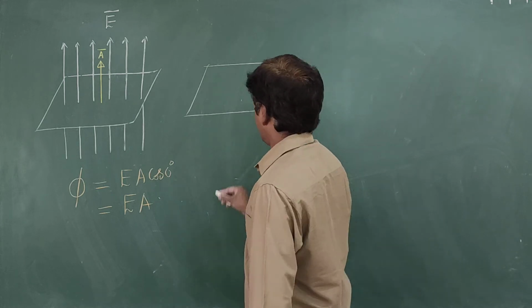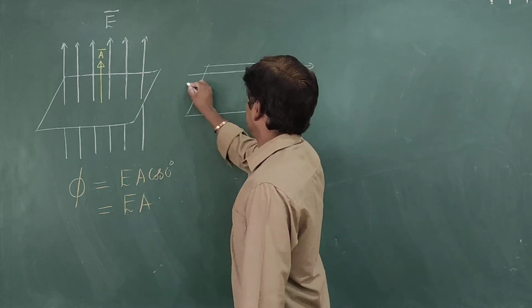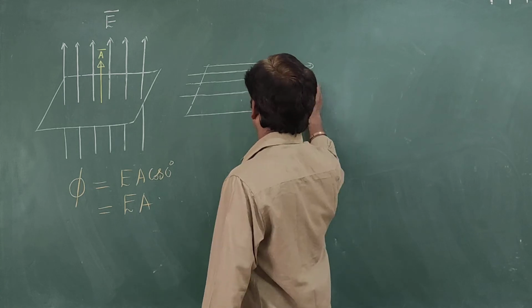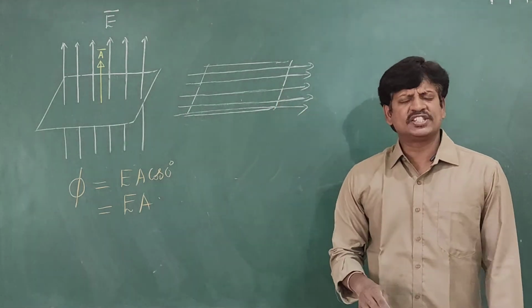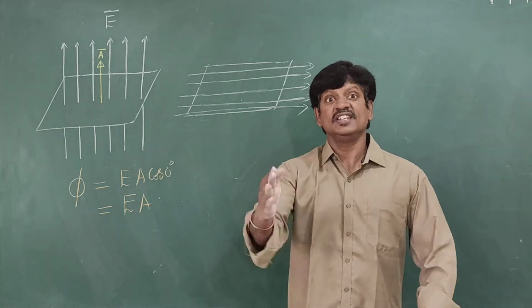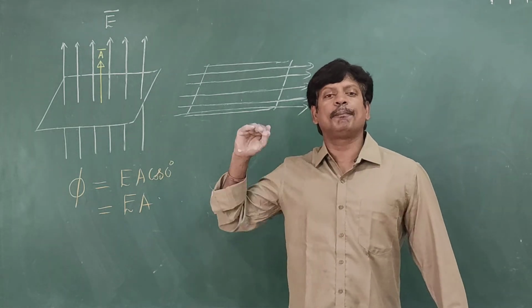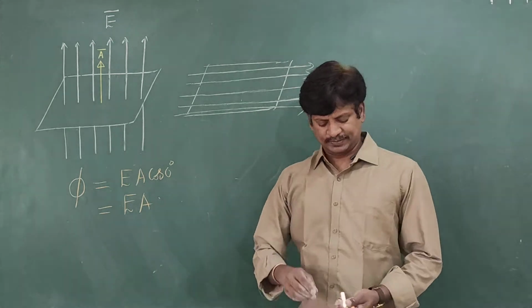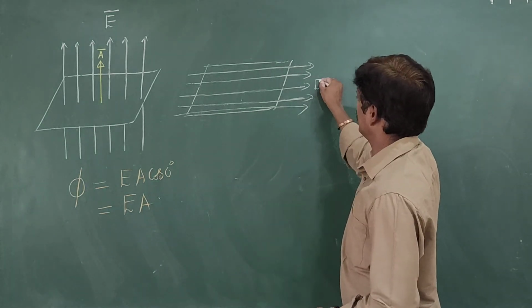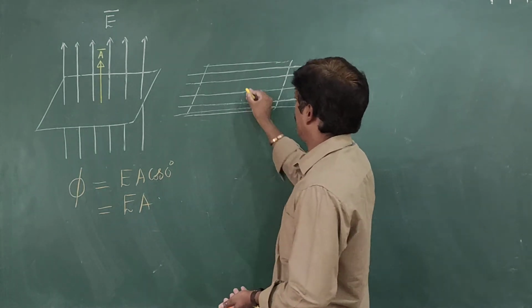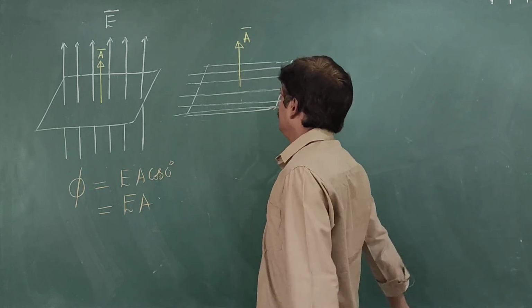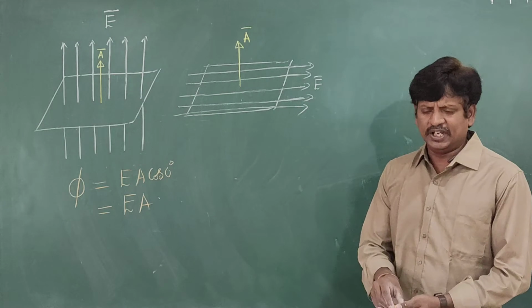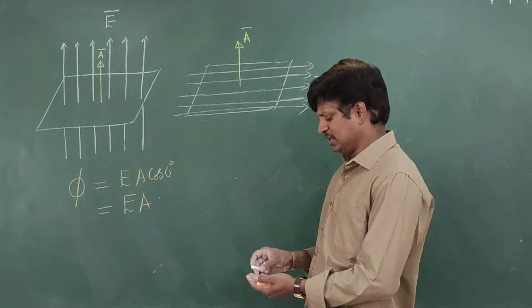Now, if this is the area under our consideration, the electric field lines are parallel to the surface. That means electric field lines are not crossing the area, they are going parallel to the surface. This is our electric field, and here you have the area vector A bar. Now the area vector and electric field vector are perpendicular.